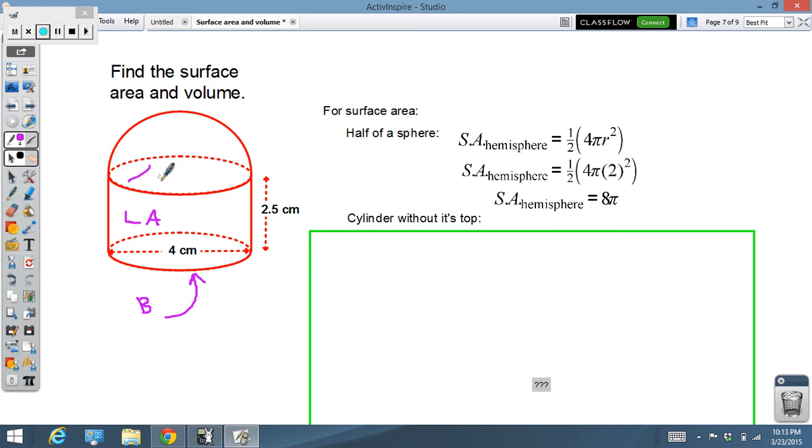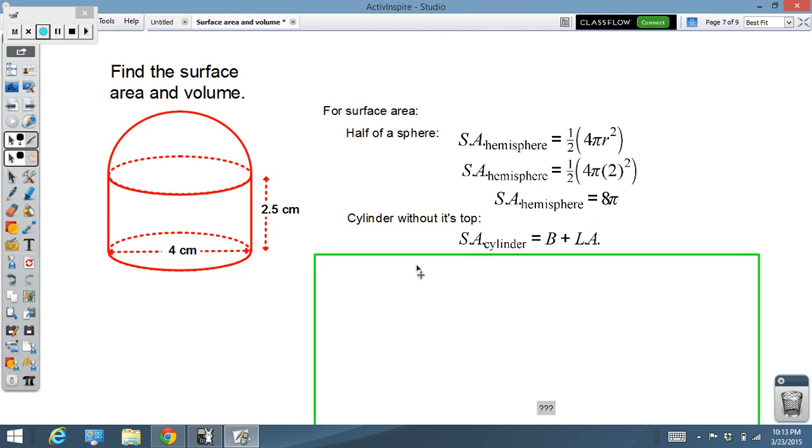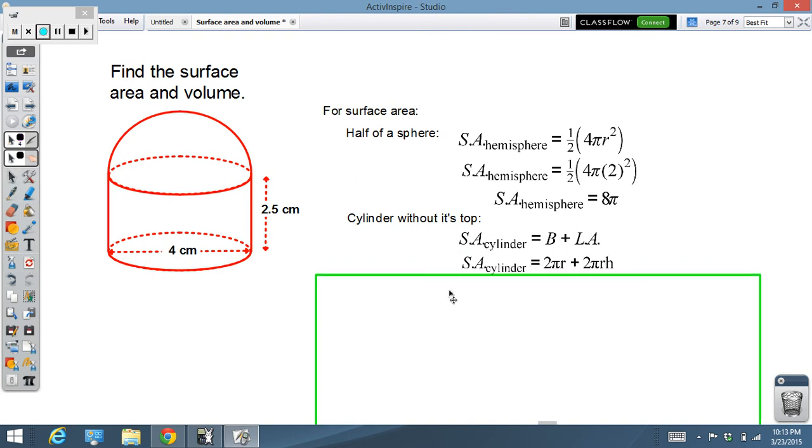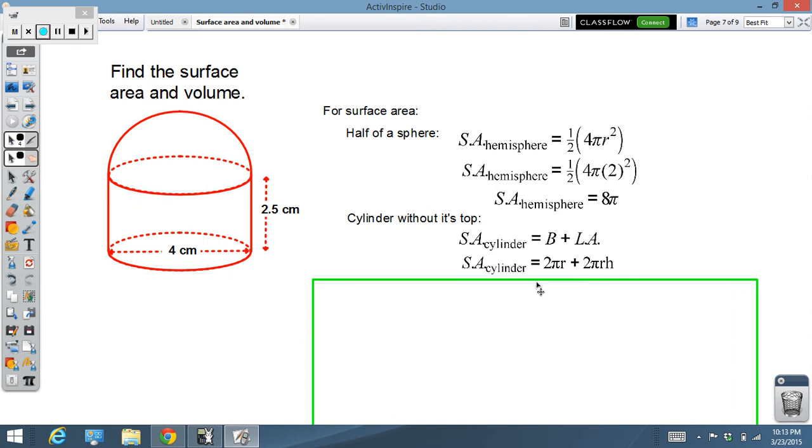I am not going to use both bases. So, when I calculate the cylinder without a top on it, instead of using 2B, like I normally would, I'm only using one base.